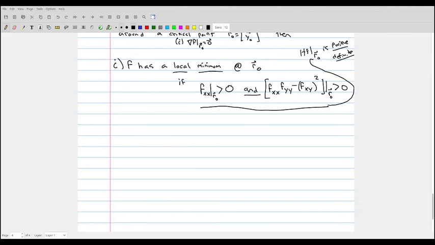So if the second derivative with respect to x is positive at a point, and this expression is positive at the point, this gives us that the Hessian matrix is positive definite, which means that f has a local minimum at that point. It's a more complicated property, positive definiteness, but the idea is that it's analogous to the second derivative being positive at a point.